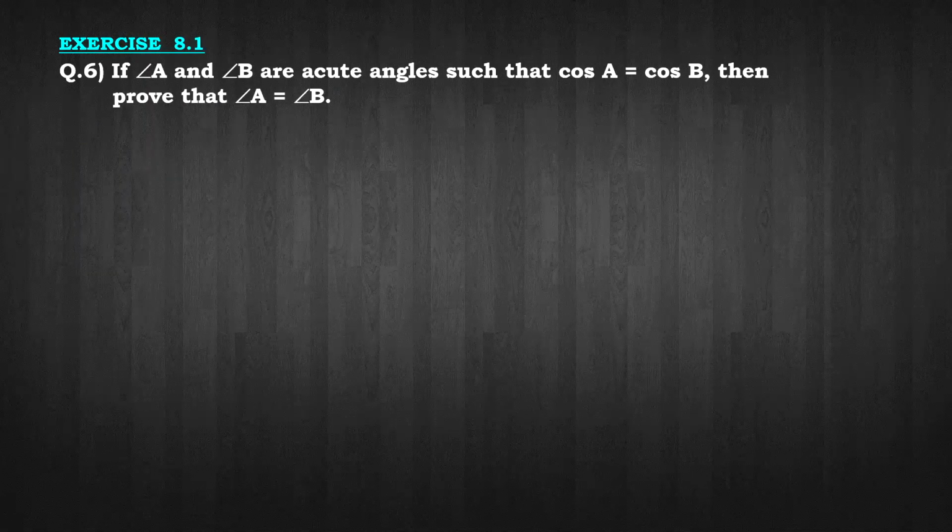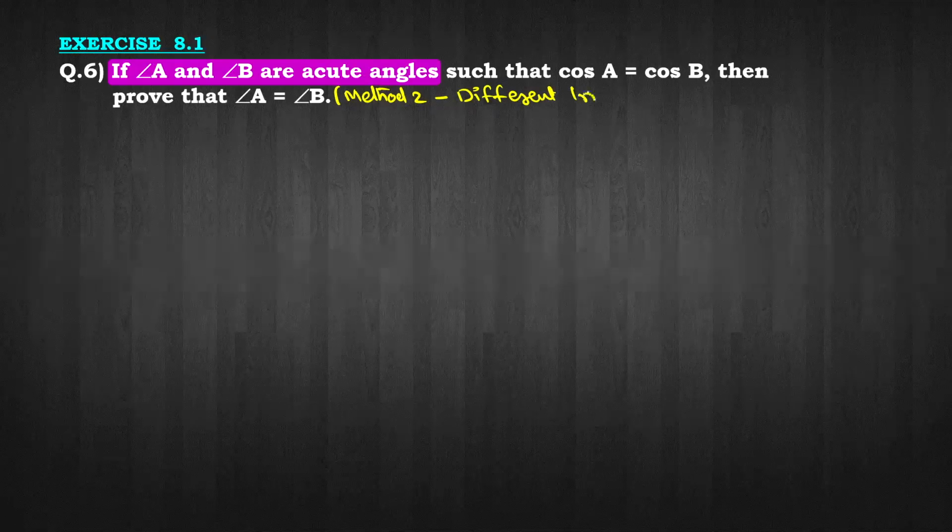Now let us solve problem 6 using method 2. Here angle A and angle B are acute angles, but we do not know whether these two angles are in the same triangle or different triangles. So here we assume that they are in different triangles.